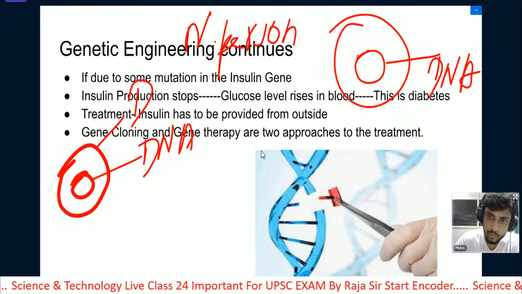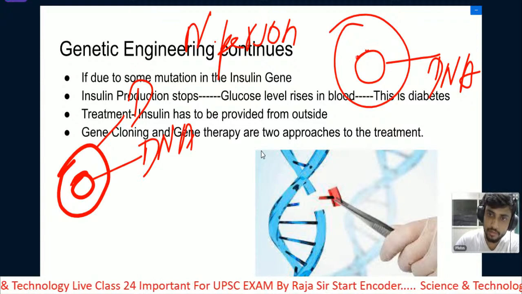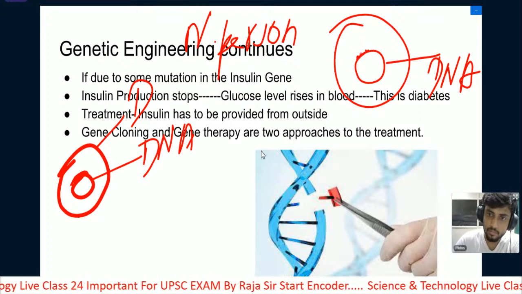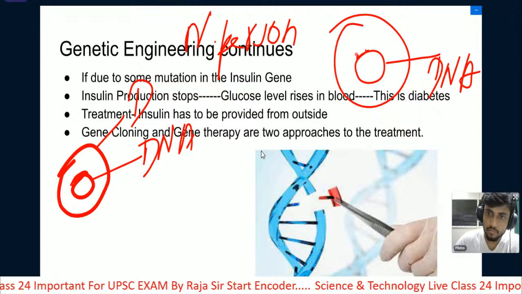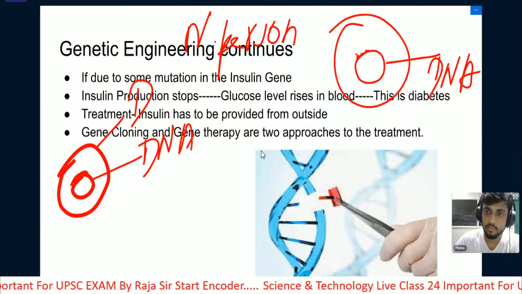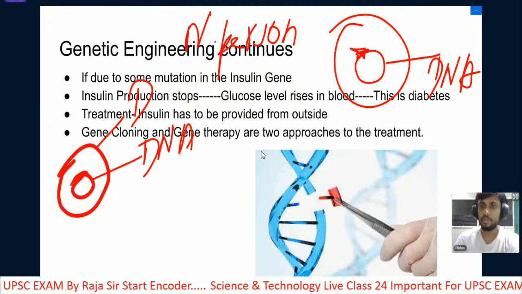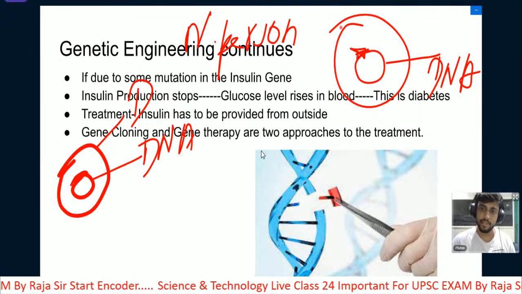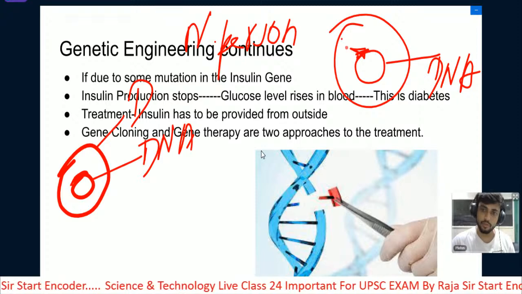Suppose on this DNA we have a particular sequence which is responsible for the production of insulin.